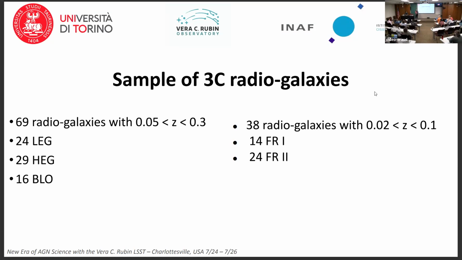We already knew whether the radio galaxies were FR1s or FR2s, and the optical classification, whether they were low excitation radio galaxies or high excitation radio galaxies. I split the redshift range because to have a sample of FR1s, I needed to be at lower redshift, and I used two slightly different methods to do that. This is why I split the two samples.